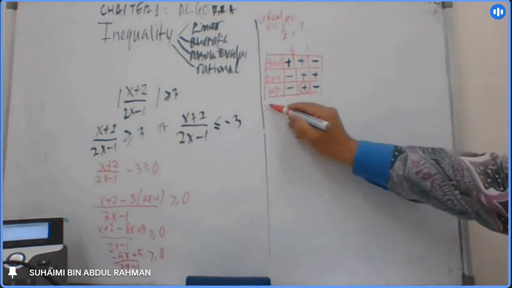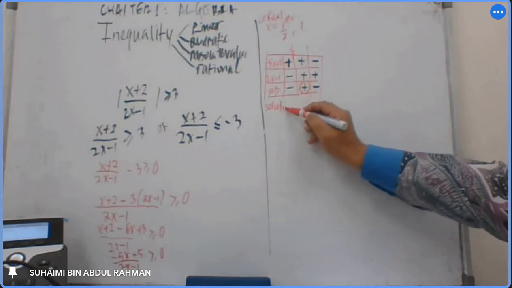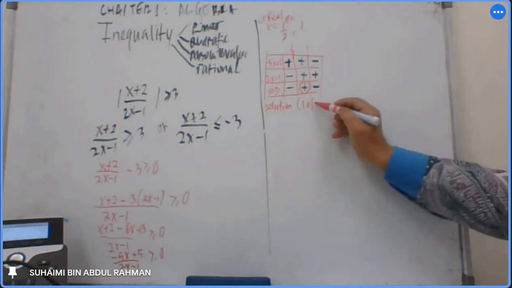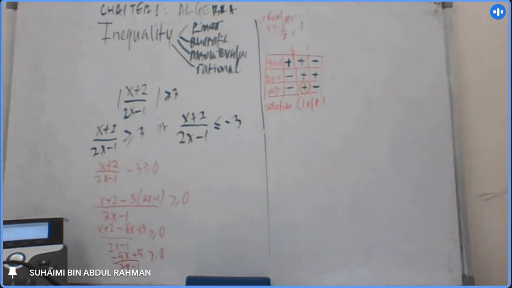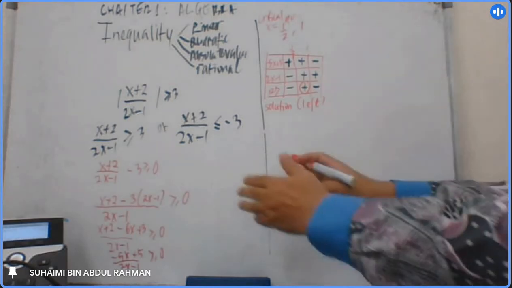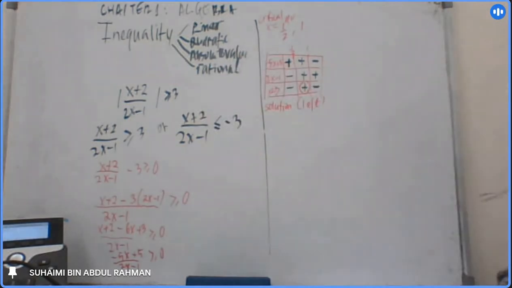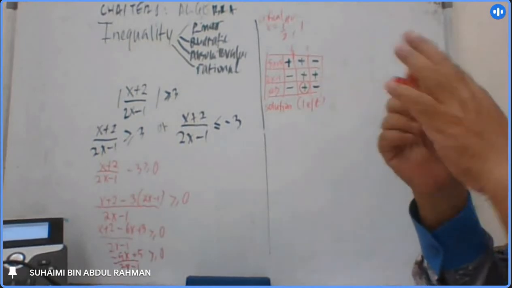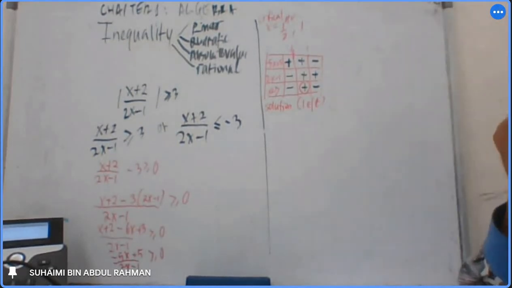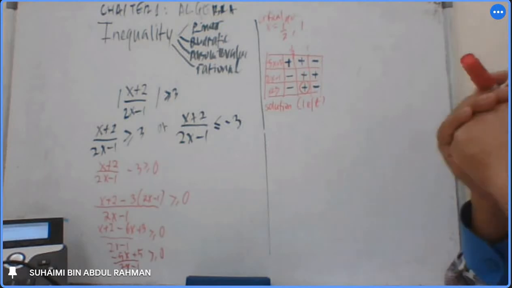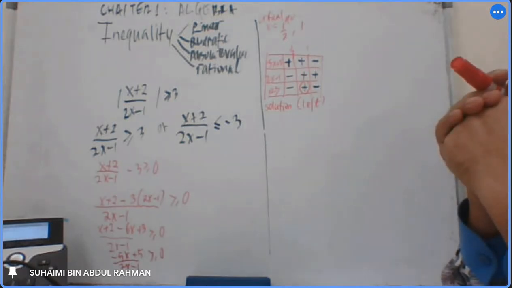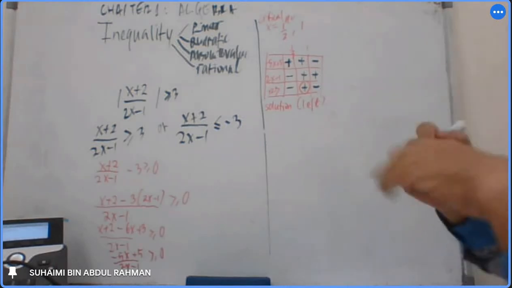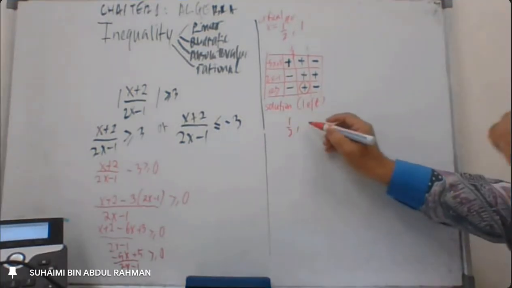So the solution for left, not the final solution yet, because this is the solution only for left, as we don't go for right yet. The solutions for left are all the numbers between 1 over 2 and 1.